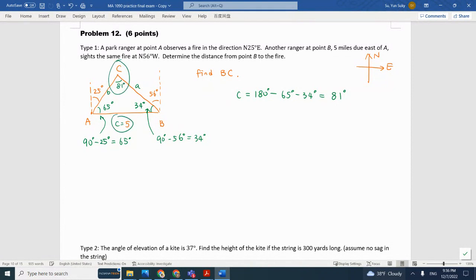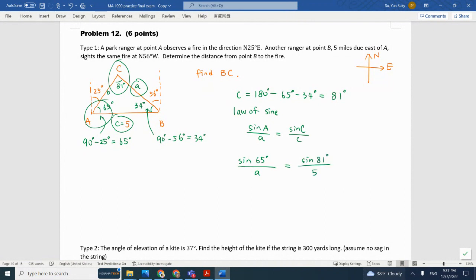See, we know angle C, we know side C, we know angle A, we're looking for side A. Great. That is exactly the law of sines. So sine A over A is sine C over C. We don't care about angle B and side B. We're not looking for those. So plug in angle A, 65 degrees. Side A is what we're looking for. Angle C is 81 degrees.